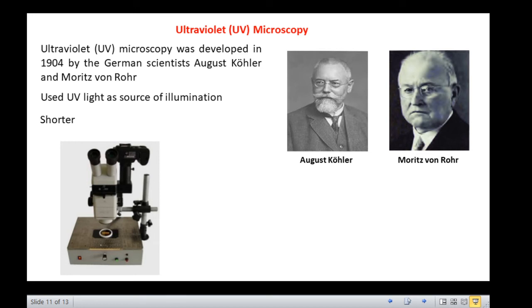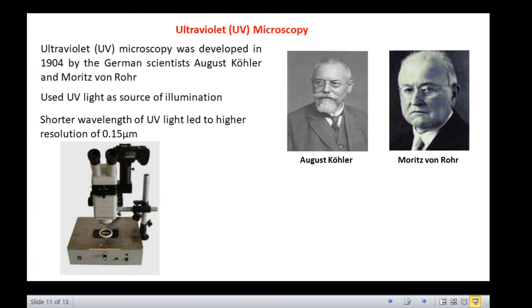Because of the shorter wavelength of UV light, higher resolution of up to 0.15 micrometer was possible. Do you remember the limit of resolution of light microscopy? Yes, it was 0.21 micrometer.